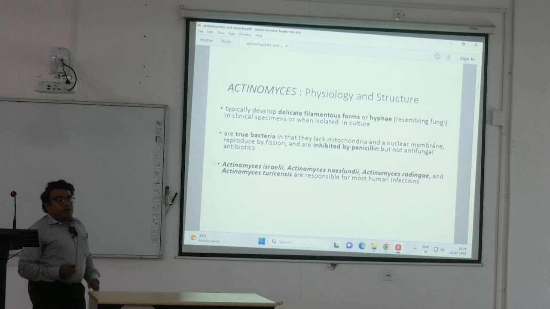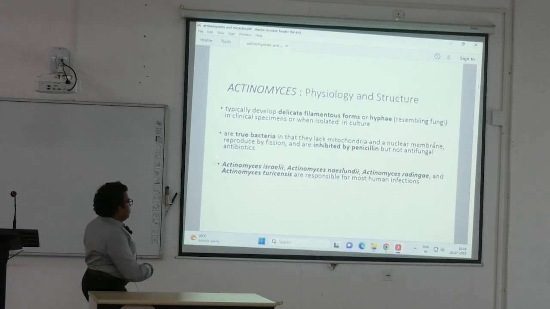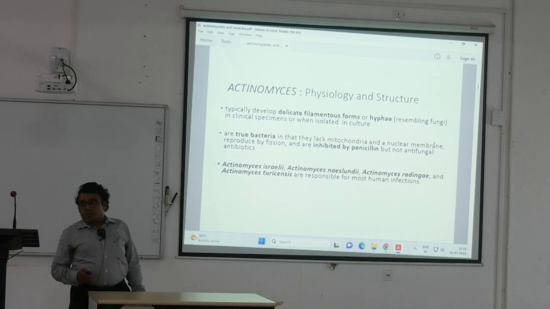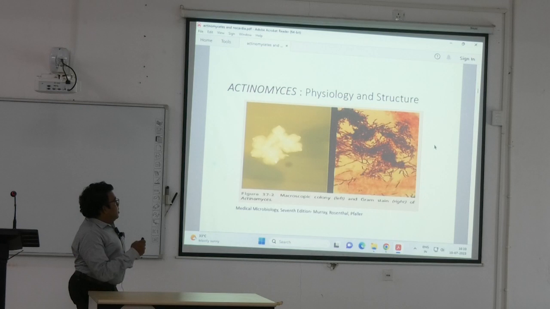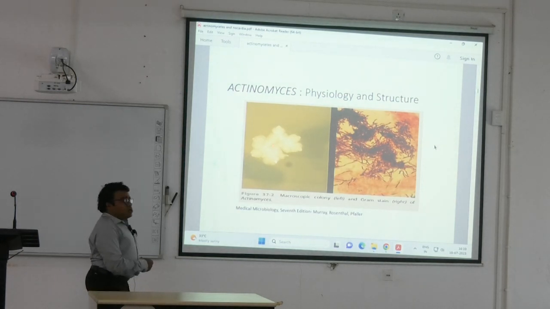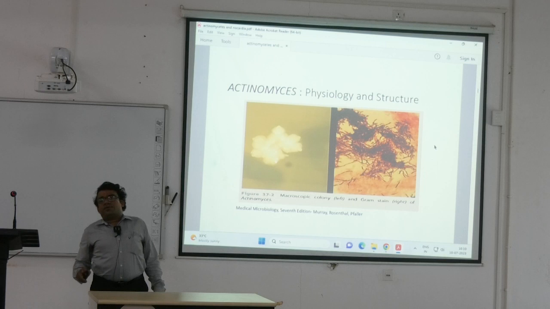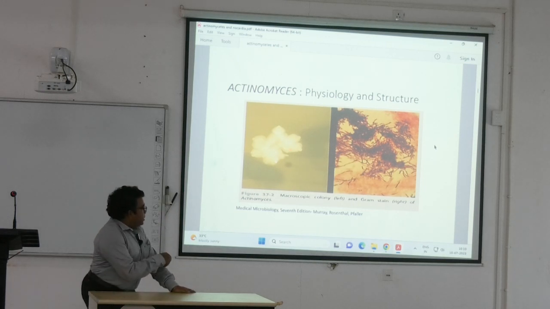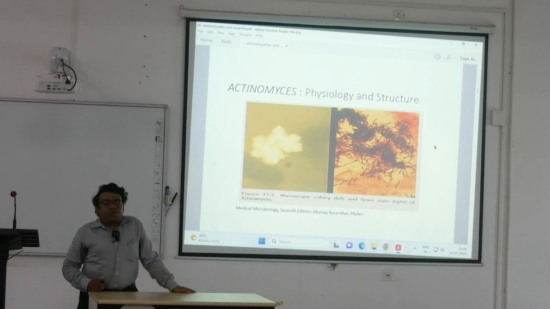Now, the predominant human pathogens include Actinomyces israelii, naeslundii, viscosus, and turicensis. This is the picture. As you can see, this is the colony which has grown on a culture medium, and I think you have observed some bacterial colonies in your practicals, and you can easily appreciate that this colony is very different from routine bacterial colonies.